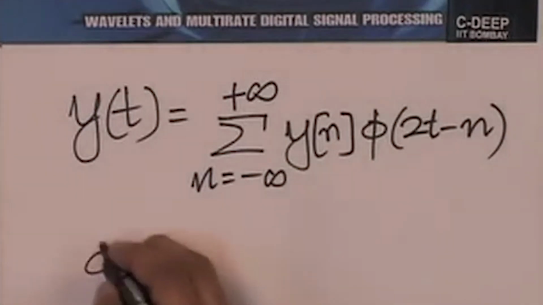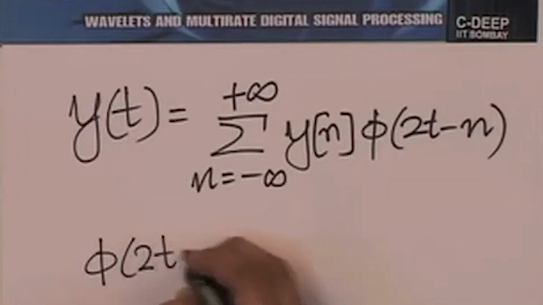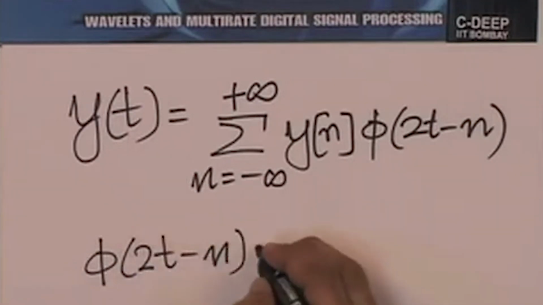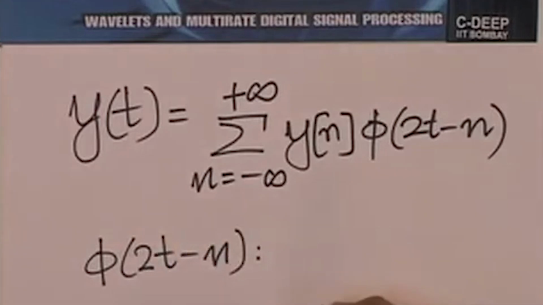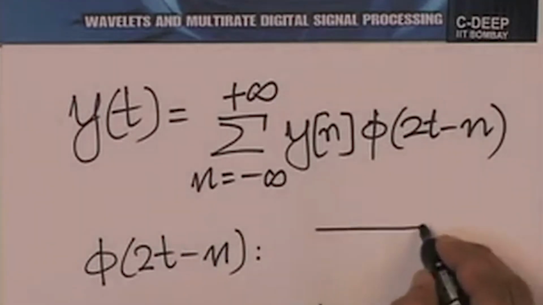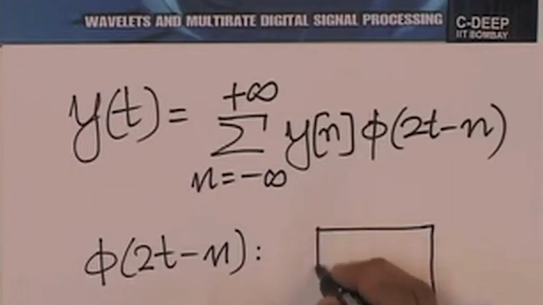Recall that phi(2t minus n) looks like this. It was 1 over a half interval, defined by n by 2 to n plus 1 by 2.